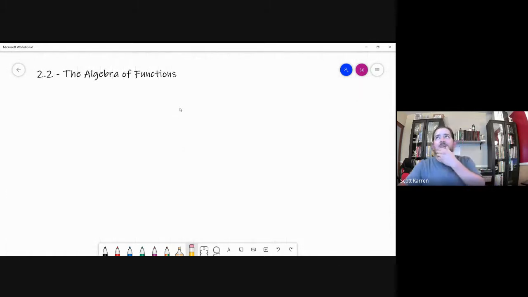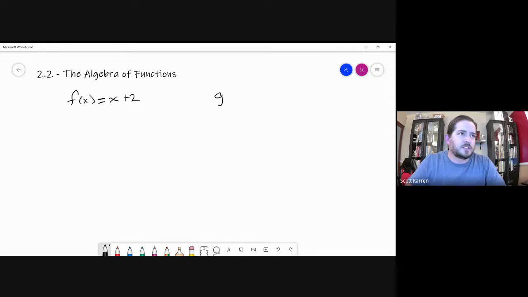Good. All right. So we've seen addition, subtraction, multiplication in just regular numbers. We're going to then take these and do similar operations with functions themselves, right? Some of these are very easy to understand. For example, if I have one function, let's call it f of x, and give it a value of x plus 2. And if I have some other function, g of x, let's call it 3x plus 1.